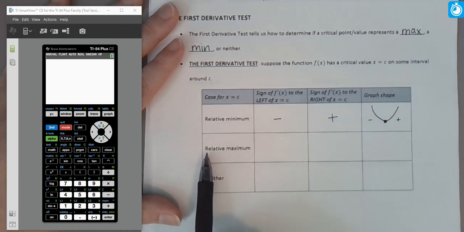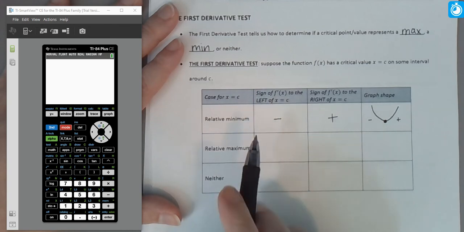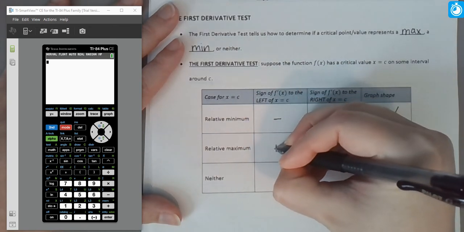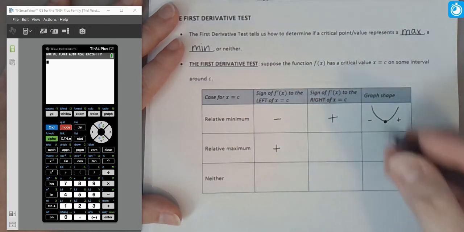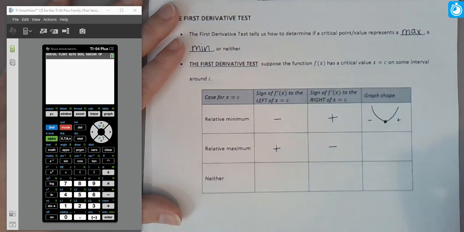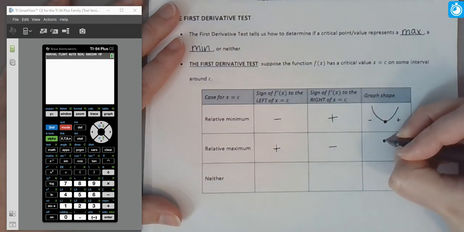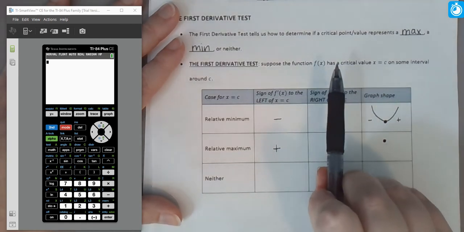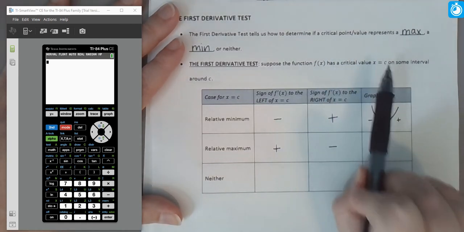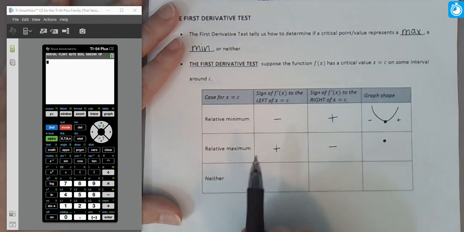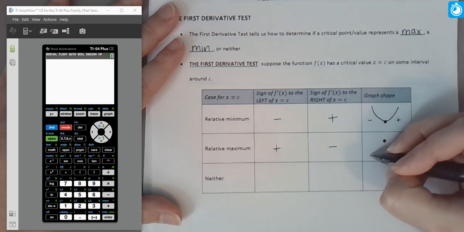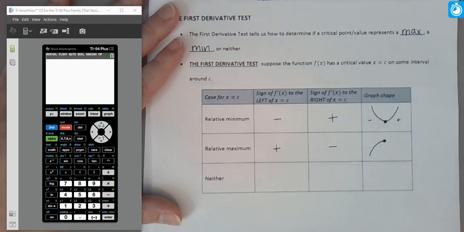Well, how do we know that our critical value represents the location of a relative maximum? To the left, we'll have a positive derivative, and to the right, we'll have a negative derivative. So again, what would this look like? Suppose this is the point in question, the point associated with our critical value at c. To the left, we have a positive derivative, which means our graph is sloped upward.